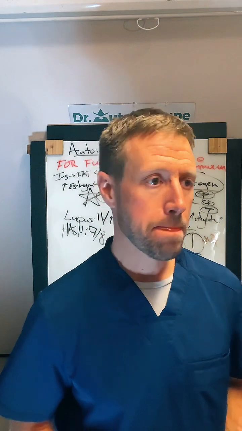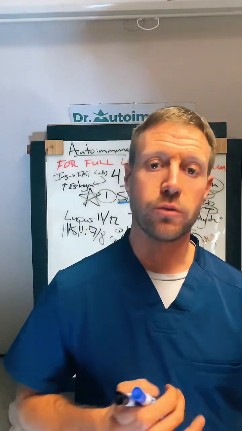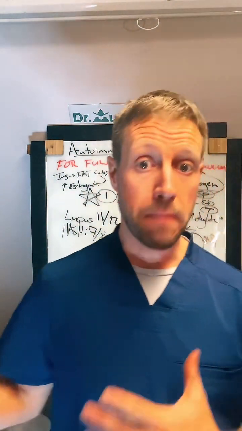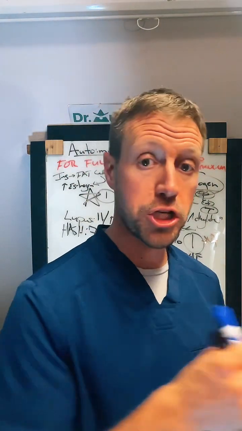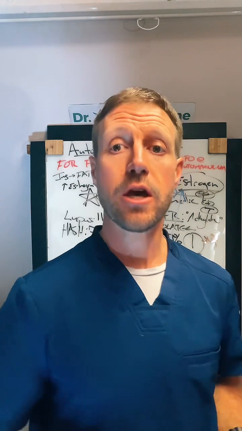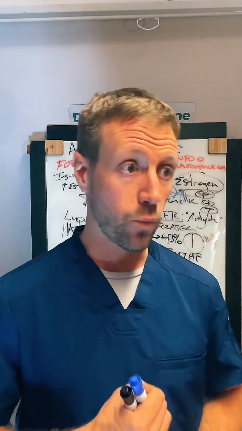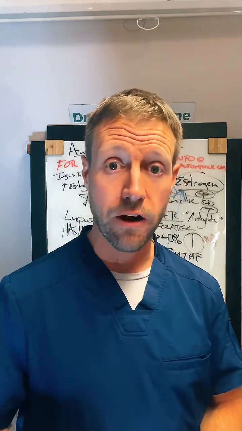Okay? So again, we need to make sure that we're detoxifying estrogen, we're removing environmental chemicals. We know things like mold, mycotoxins, other chemical exposures such as pesticides, all those are pushing our immune system in the wrong direction. The number one thing we can do, guys, is honestly be careful about, again, where you live. You guys can run mold plates and figure out if you have mold in your environment.